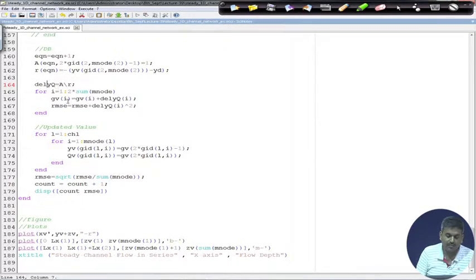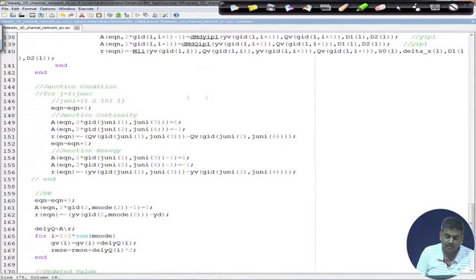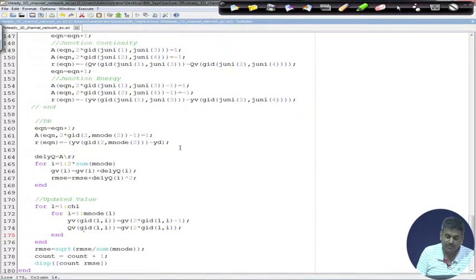Del y, del q we need to add with gv values. Gv is the assigned initial value. After every iteration this is getting updated, and after we get updated values, we need to update y and v, because during calculation we are using these y and v values.